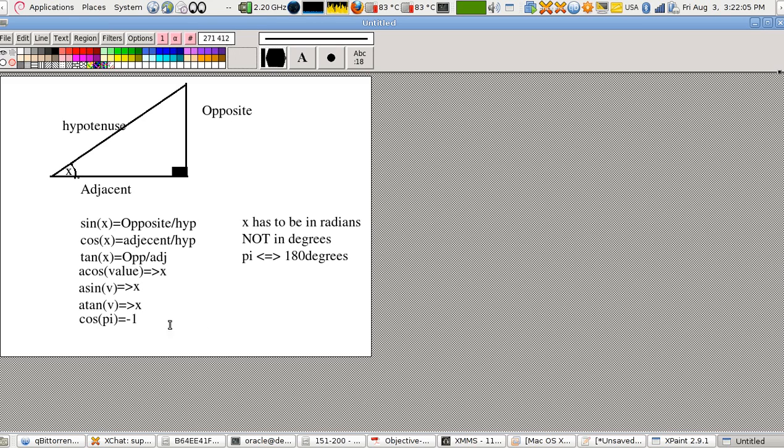So the cosine of pi, which is 180 degrees, equals -1, okay. So using a cosine I can get the pi. The pi is approximately equal to 3.14 something. Okay.